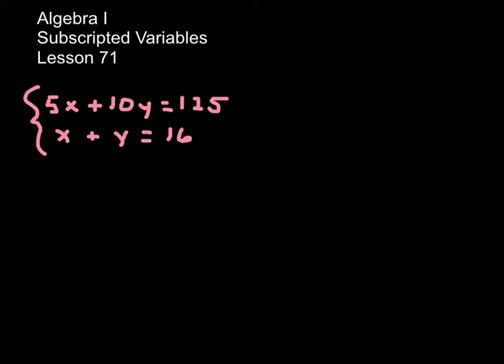Now the difference is what we're going to use for letters or variables. Now notice that in my top equation I have 5x plus 10y equals 125, and in the bottom equation I have x plus y equals 16. Now suppose we're talking about money. Suppose that I have a certain amount of coins.